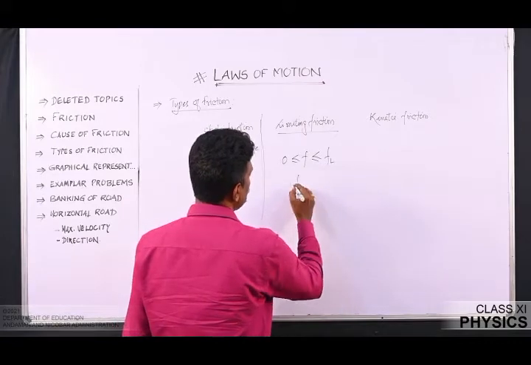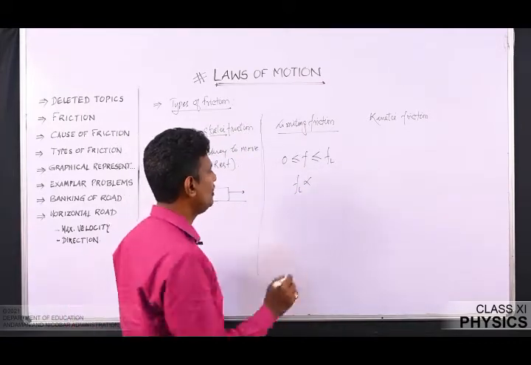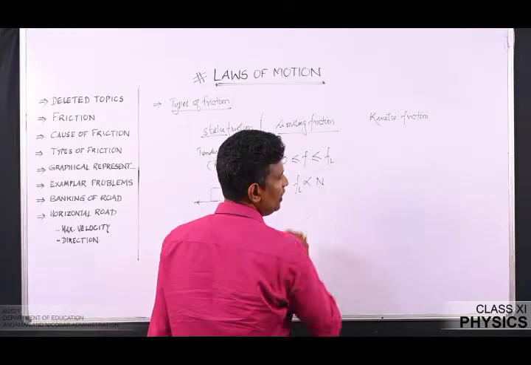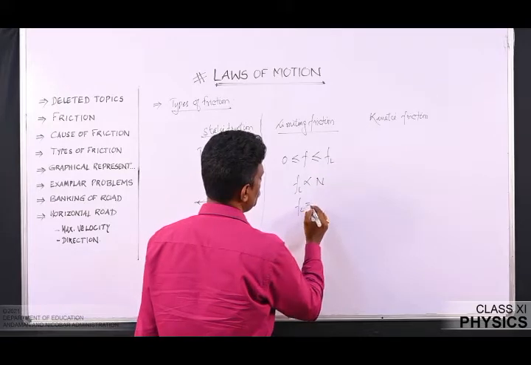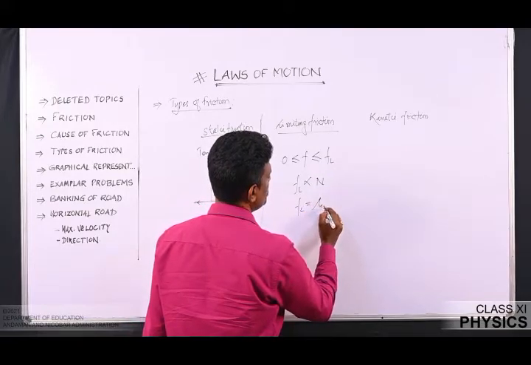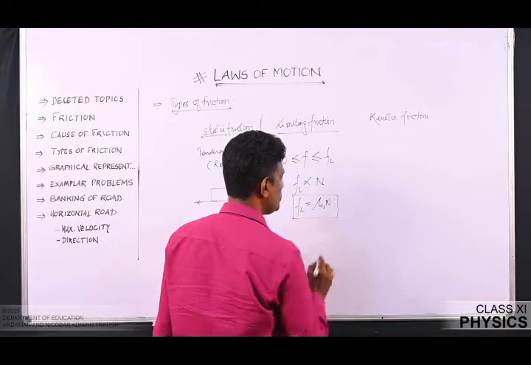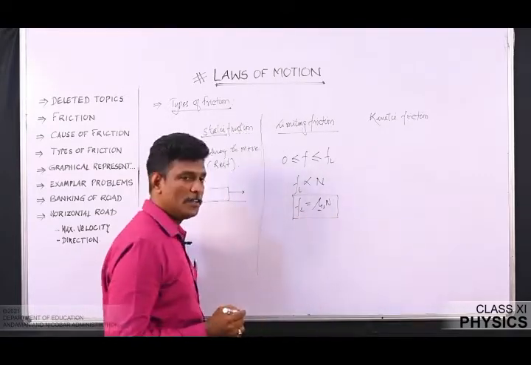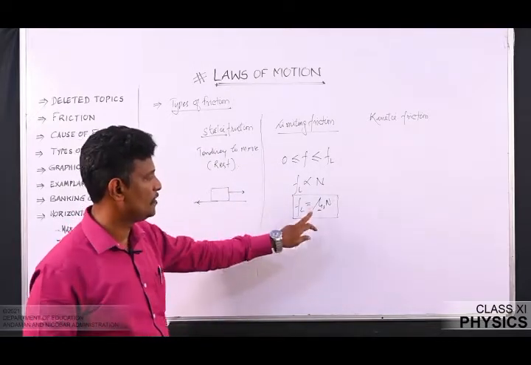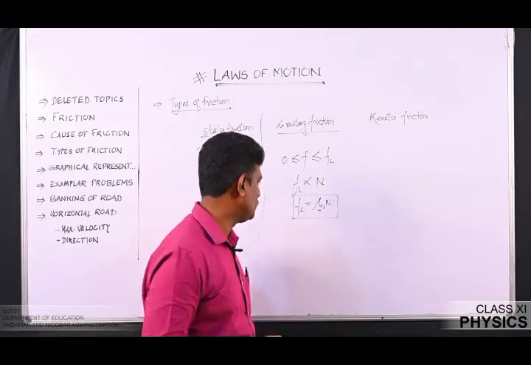Limiting friction is directly proportional to the normal reaction. It can be given as FL is equal to mu s N, where mu s is the coefficient of static friction and N is the normal reaction.